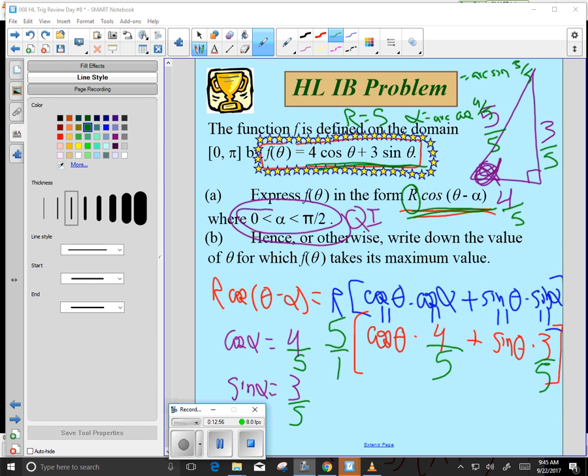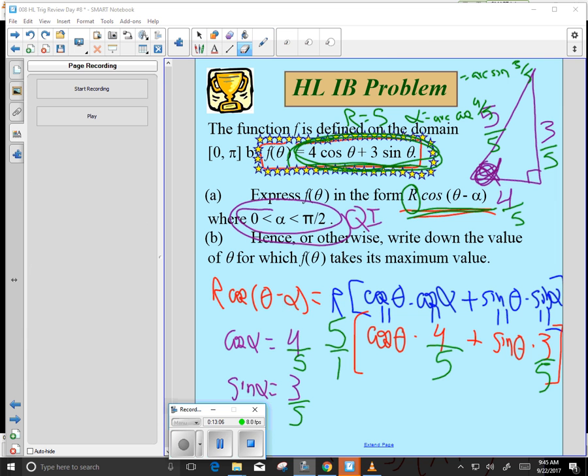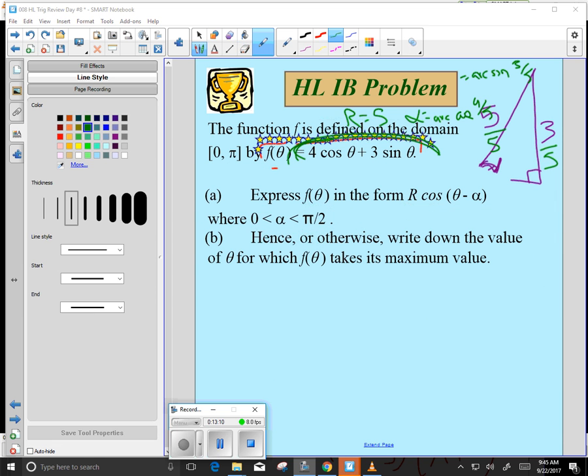When I changed those to 4/5 and 3/5, I had to multiply by 5 so that it's still equal to the original amount. So for part A, the answer is R equal to 5 and alpha equal to inverse cosine of 4/5, or inverse sine of 3/5.